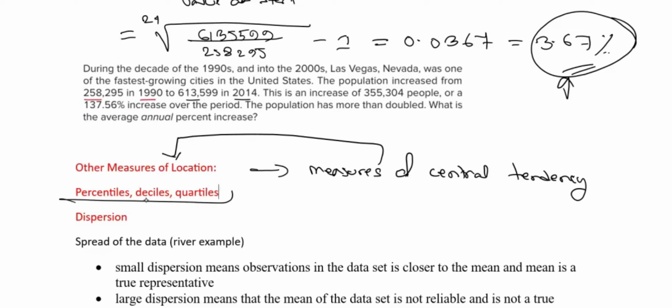These are measures of location but not measures of central tendency, because they don't convey where the data is clustered or the middle point. They just measure a specific location, which is why these are just measures of location. We're going to talk about these measures of location in chapter 4 in detail, inshallah.